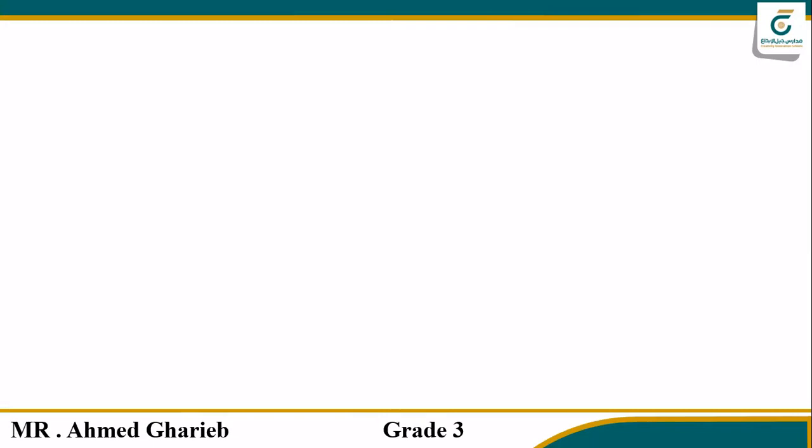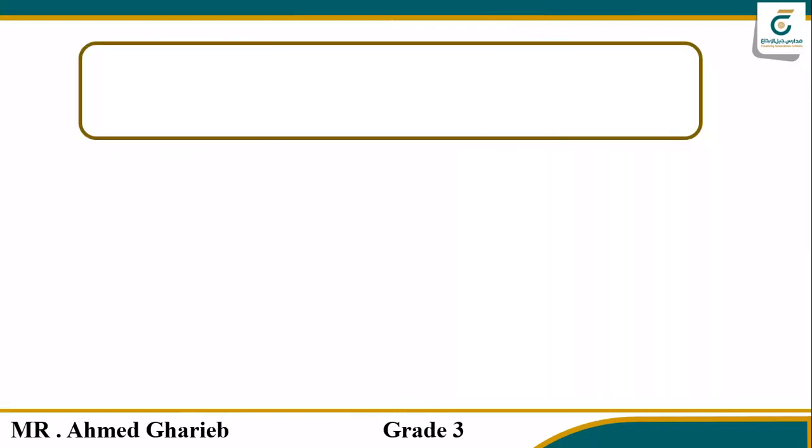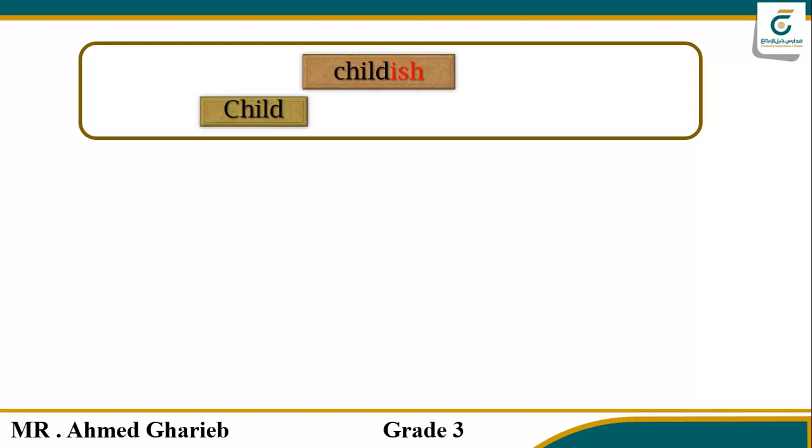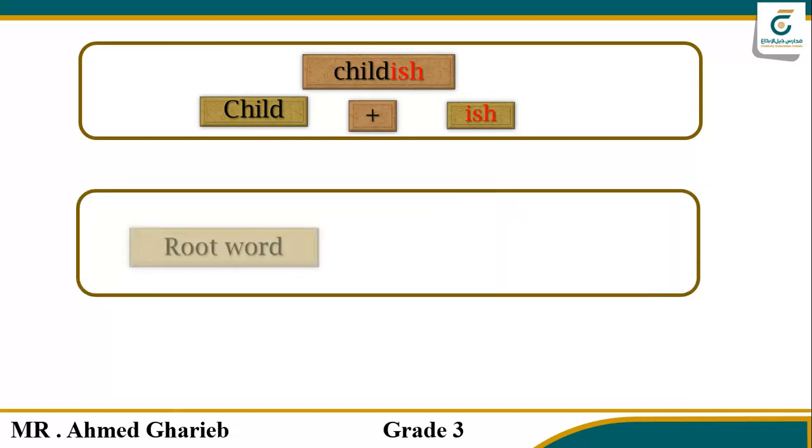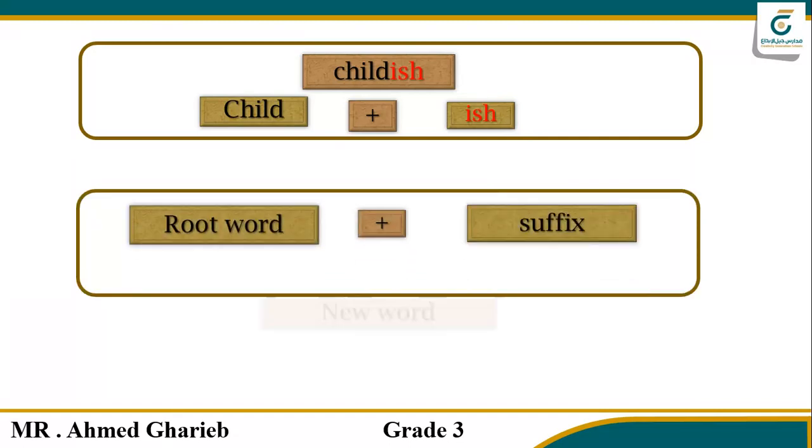Let's refresh our memories with this example. Childish. Can you tell me which part of this word is the root and which one is a suffix? Of course, child is the root word and ish is the suffix. So the root word plus a suffix gives me a new word.